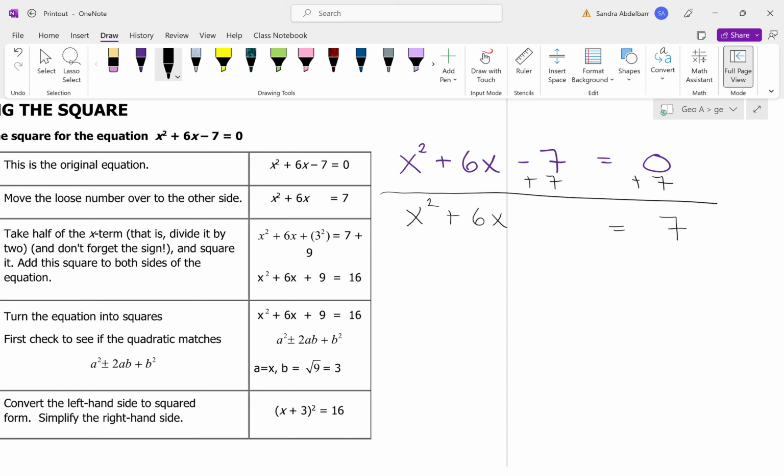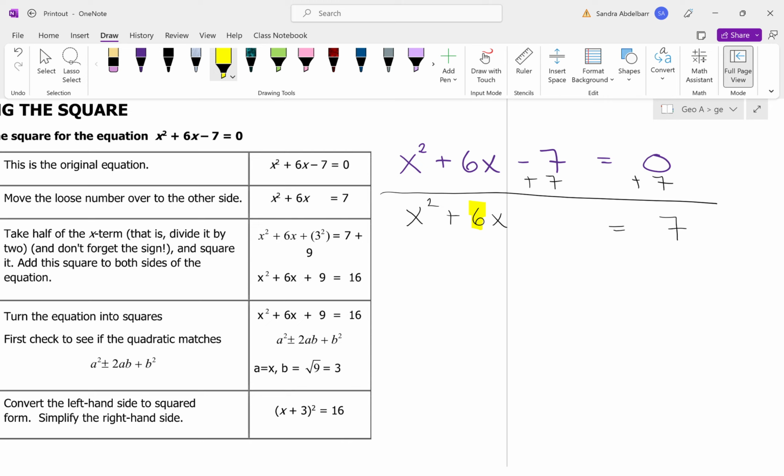All right, your next step is you're going to go to the x term, not the x squared, the x term. What's the x term here? 6x. So you're going to go to the x term, and then you're going to look at its coefficient. Its coefficient is 6. You want to take half of that coefficient, so it's essentially dividing by 2.